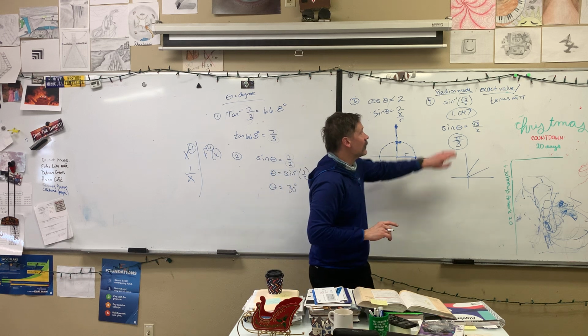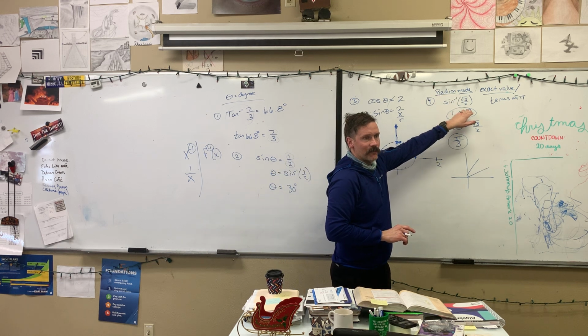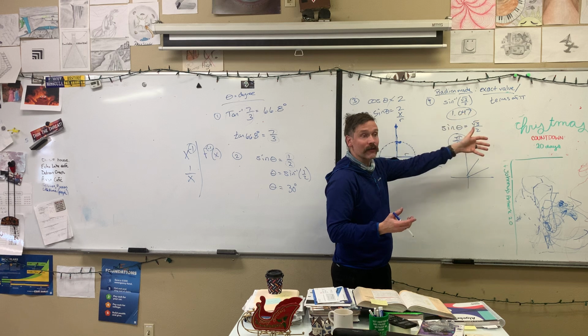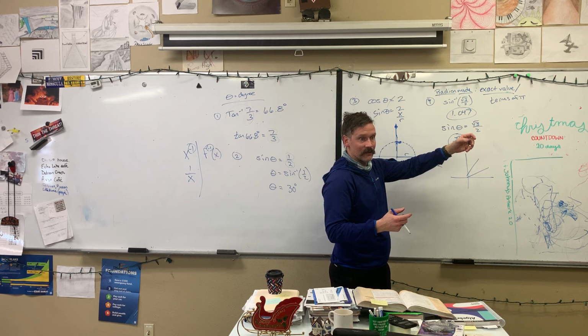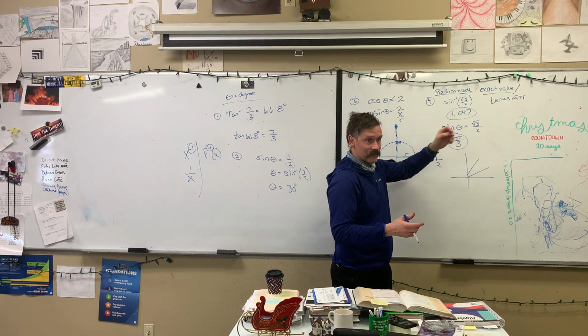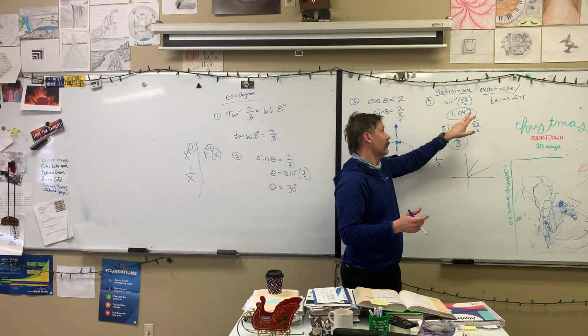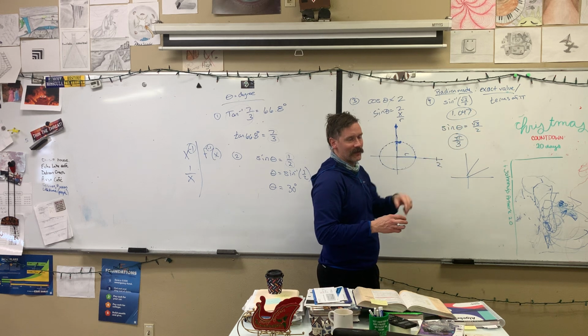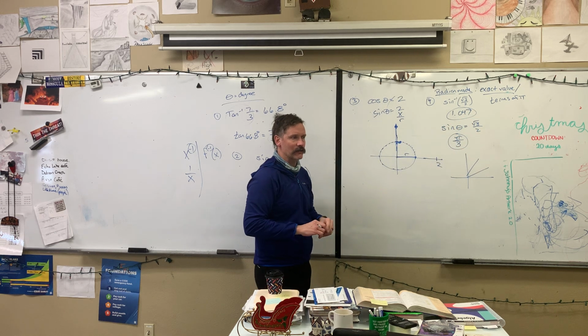Now, if this was degree mode, wouldn't that be really easy? Your calculator is going to give you 60 degrees. When it's in radian mode, it becomes a little more challenging.